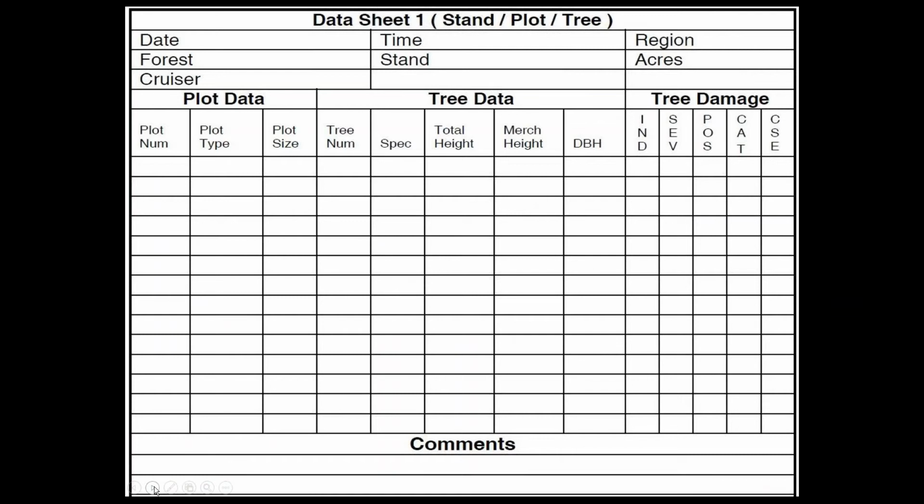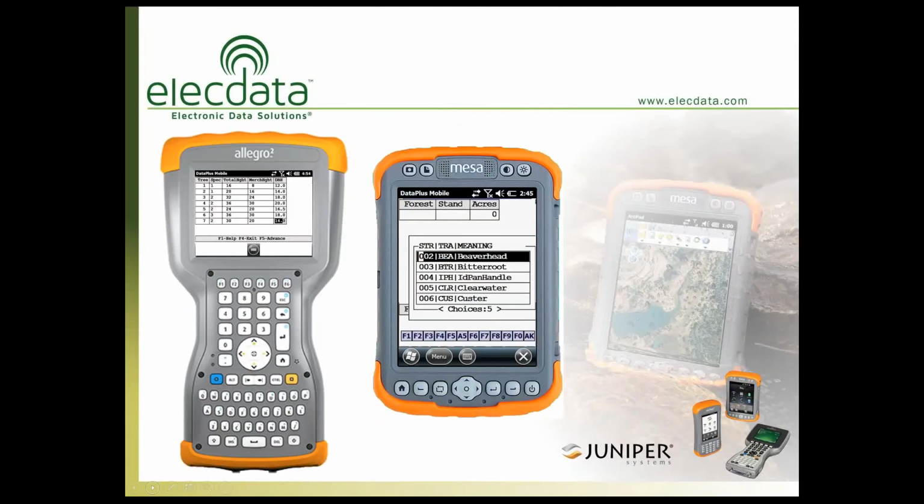So what we're going to do with DataPlus Mobile today is basically show you how to go from this to this, where you can see those same fields on a rugged mobile field computer. You can have drop-down pick lists, you can have error checking, you can read external sensors and things like this. So that's the direction that we're going with this. Again, we've had this product out for a couple decades now, and what we're talking about now is our latest release, DataPlus Mobile.